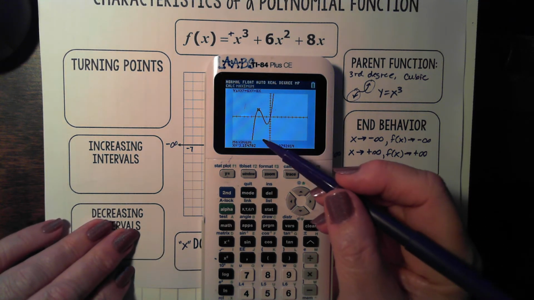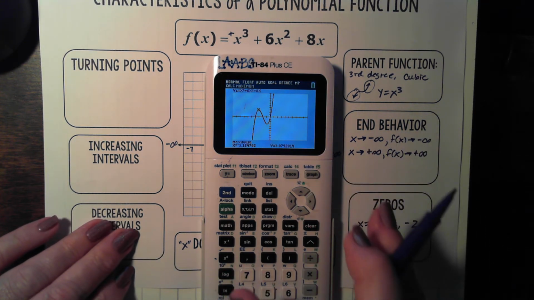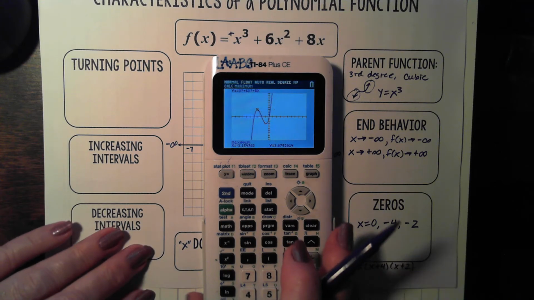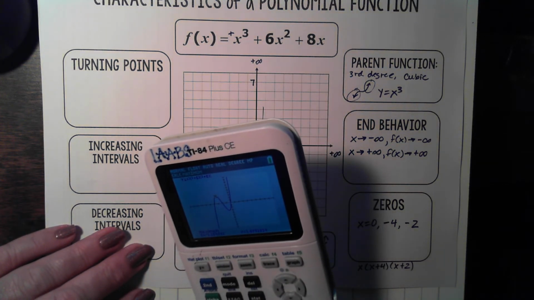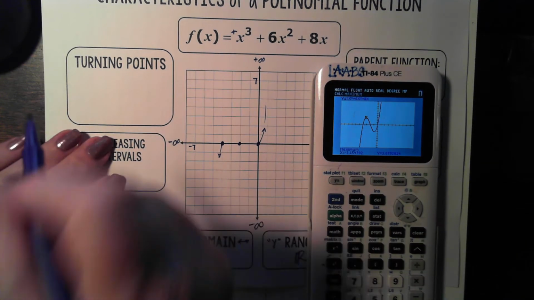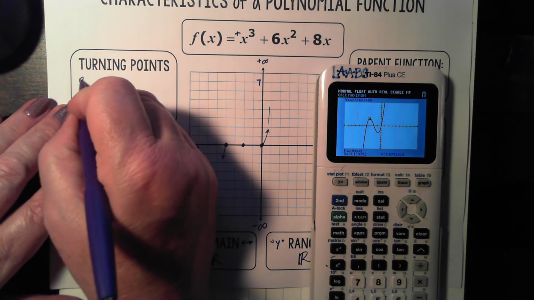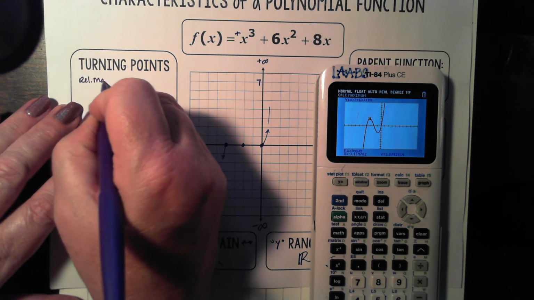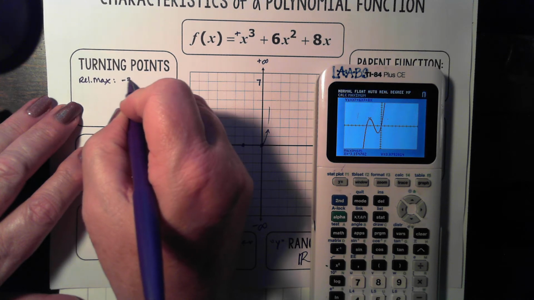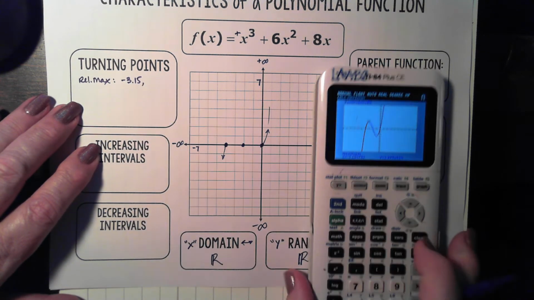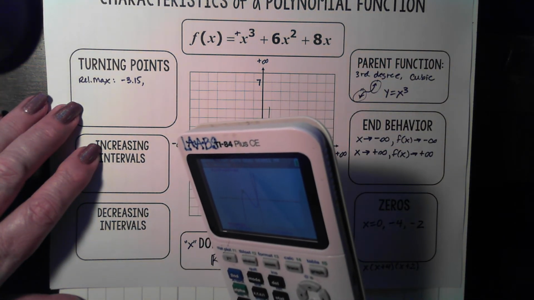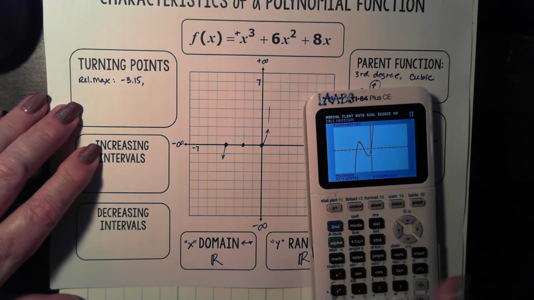And it tells us that our maximum is, again, hard for you to read, but it says negative 3.15. We have a relative maximum at negative 3.15, comma 3.08.